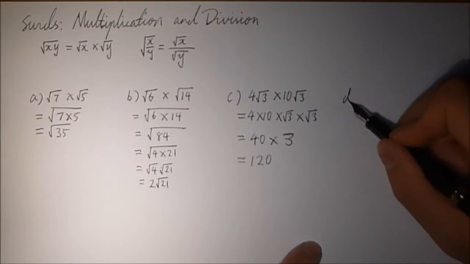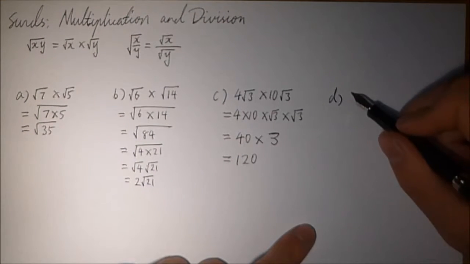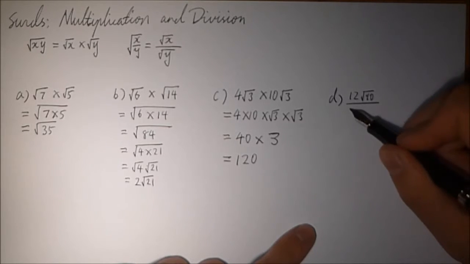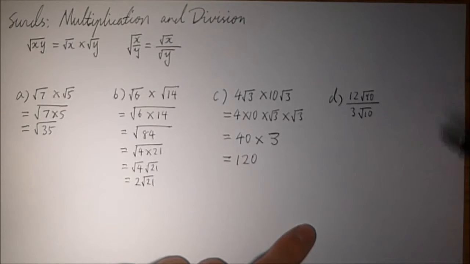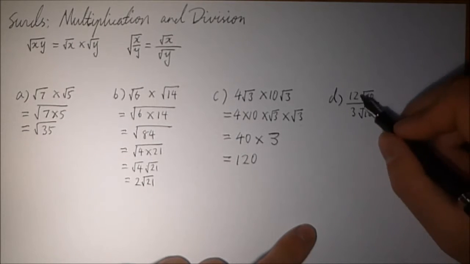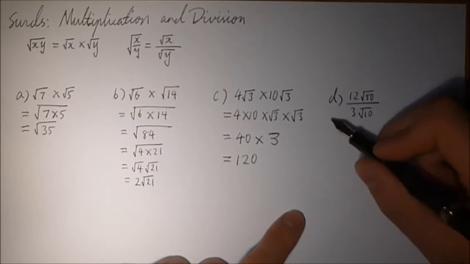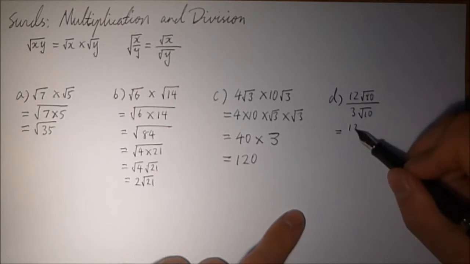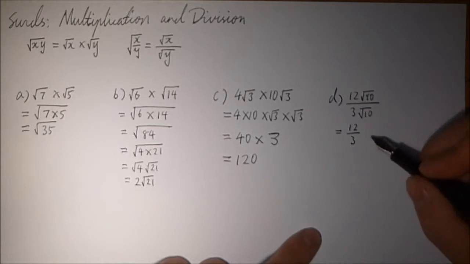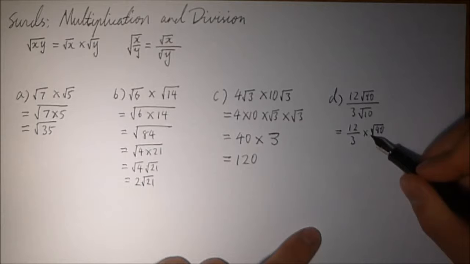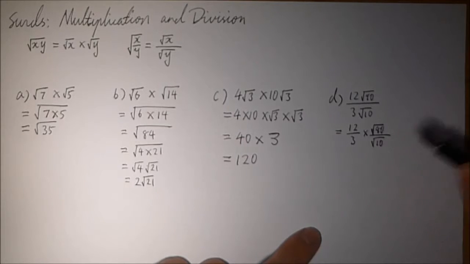Now look at this division example. We have 12 times the square root of 90 over 3 square root of 10. As you can see here, we have whole numbers and we have surds. And just like here, we can divide the whole numbers by themselves and the surds by themselves.